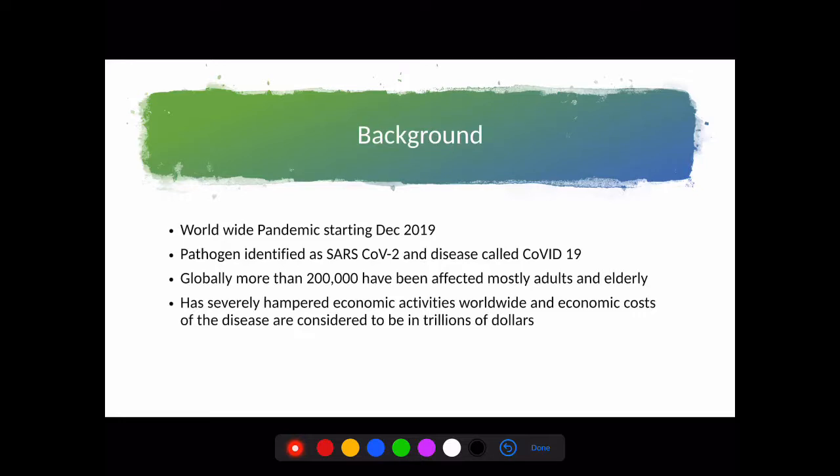The pathogen identified for this disease is known as SARS coronavirus 2, and the disease has been called coronavirus disease 19 by the WHO. So far, globally, the statistics shows that more than 200,000 have been affected, majority of them being adults and elderly. The current statistic says that the rate of pediatric infections have been less than 2%.